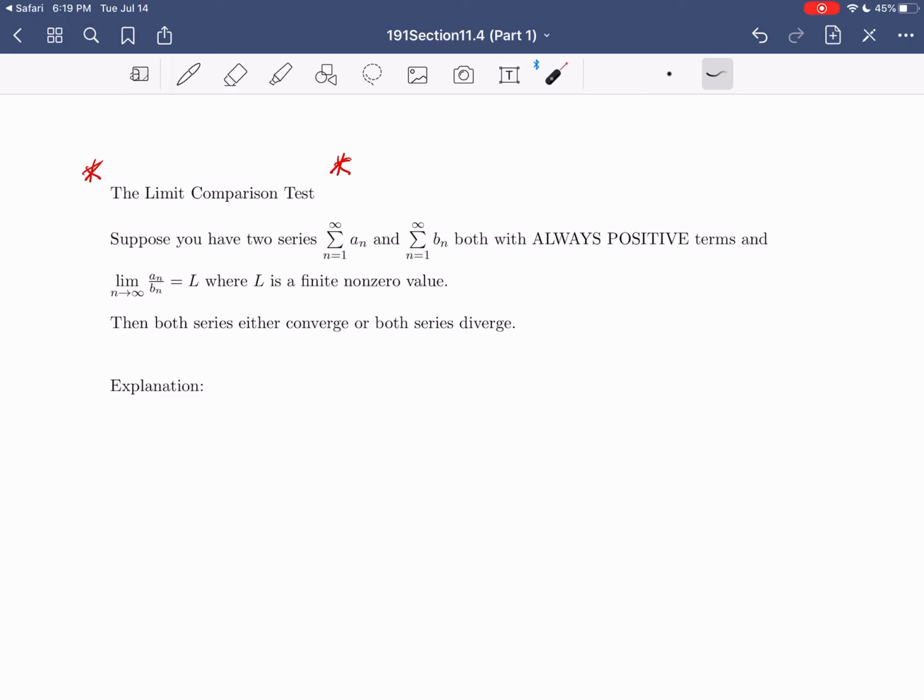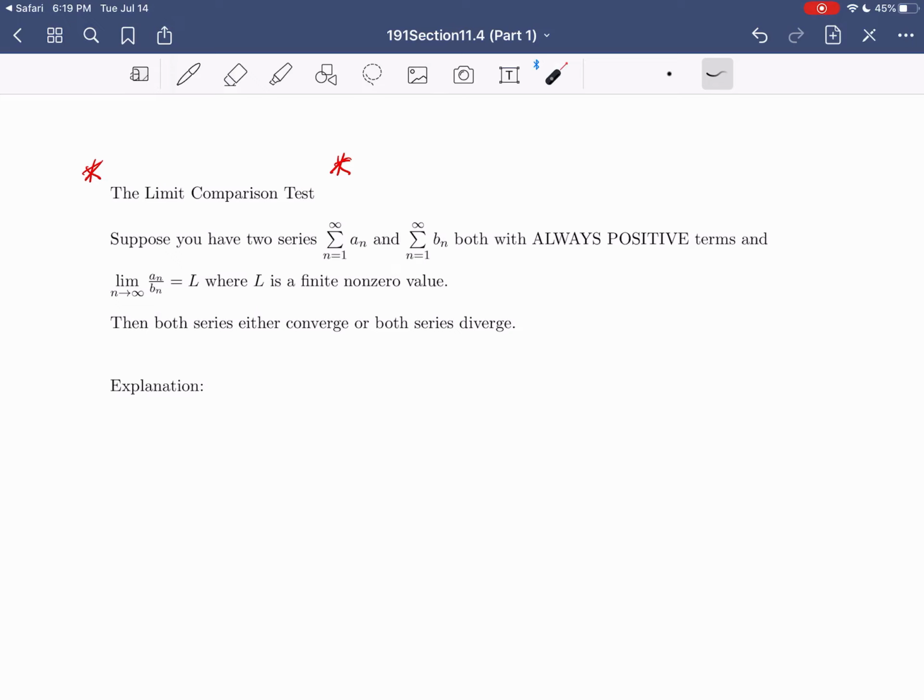What's the explanation for this? Well, your book gives a pretty formal proof. It's not totally formal though, and I don't know if this one really requires a completely formal idea here. What this is really saying is that if these terms in the long run approach a value of L, that basically means that one of the series is basically a scalar multiple of the other. It's just like the other one times whatever that L value is, at least in the long run.